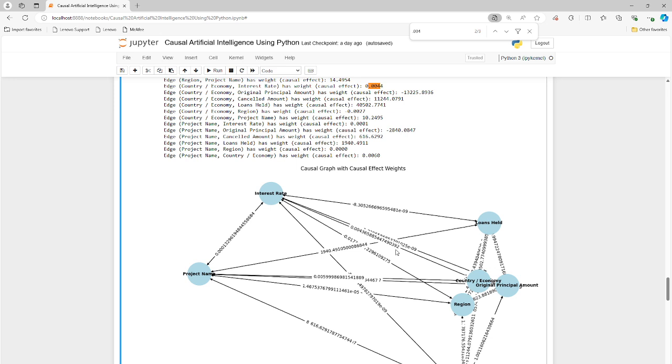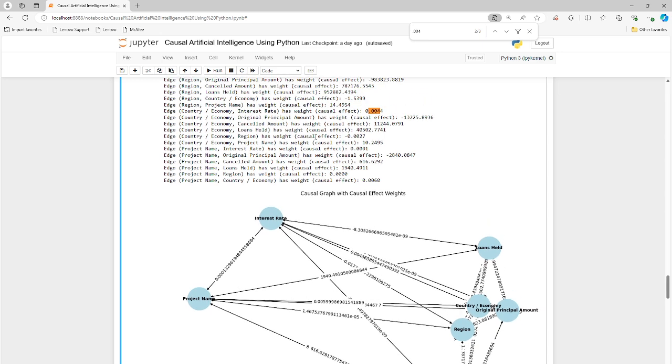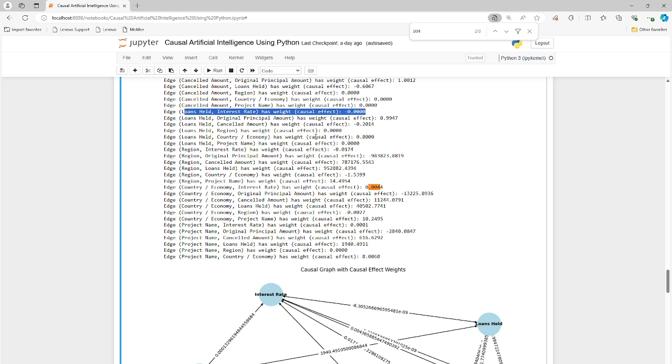Maybe loans held to project name. I see 1940, loans held to project name with a weight of 1940, so that is pretty significant. Let's go up a bit. And I see 1940.